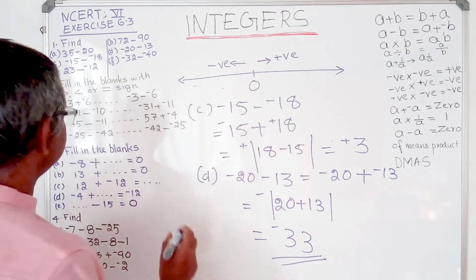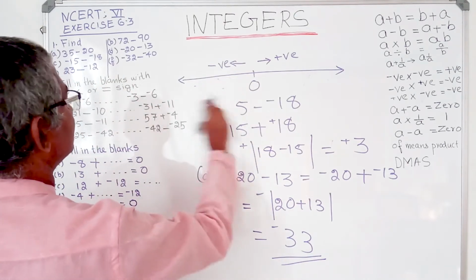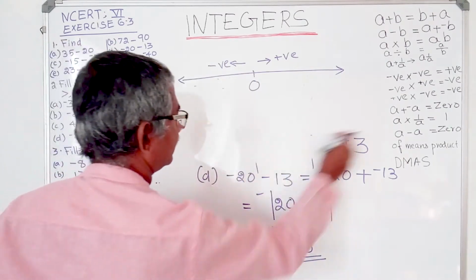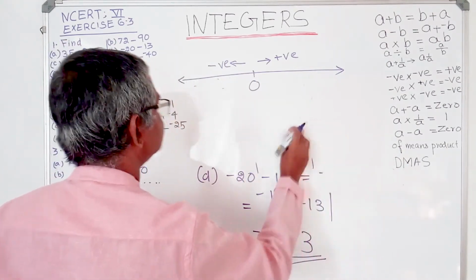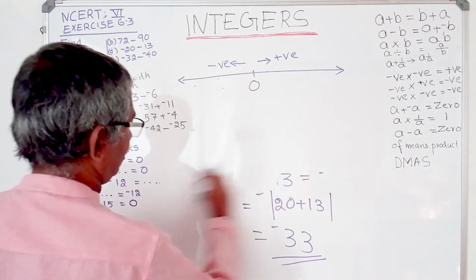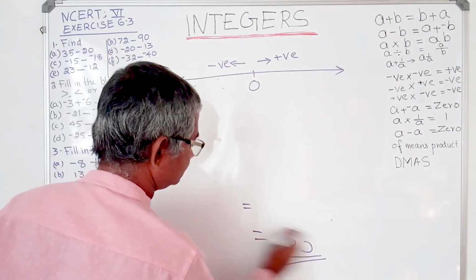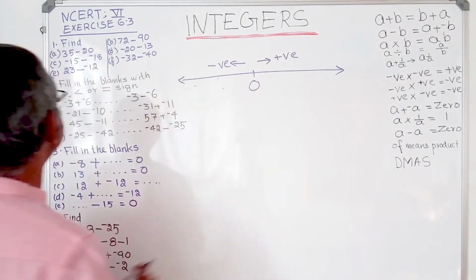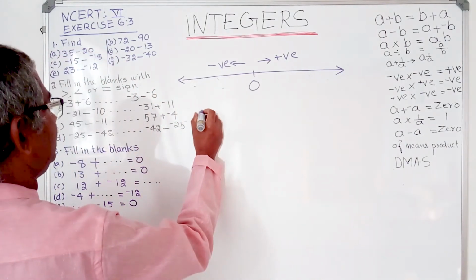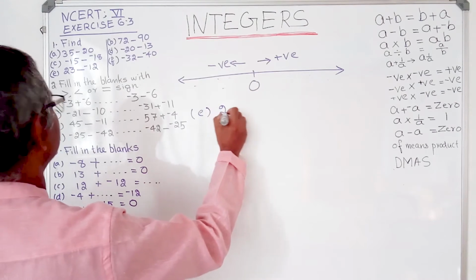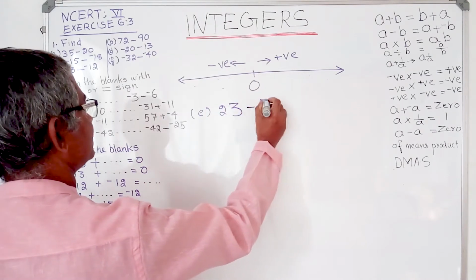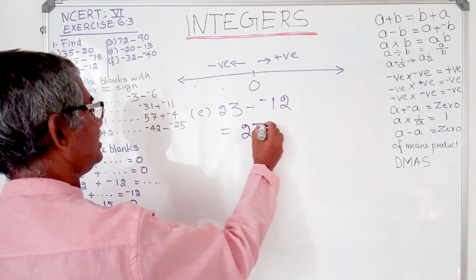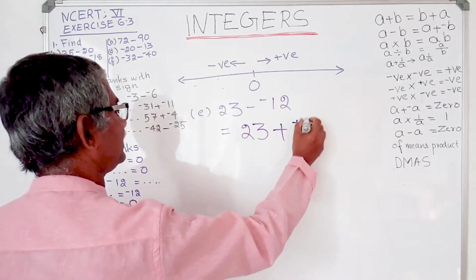E. 23 minus negative 12. To subtract a number, its additive inverse is added.